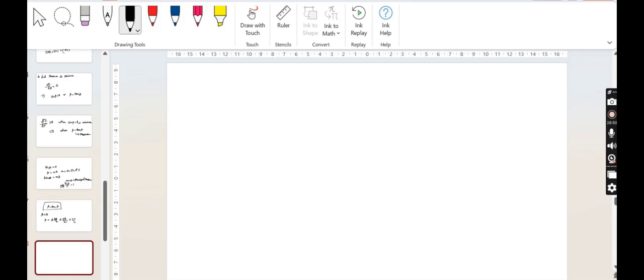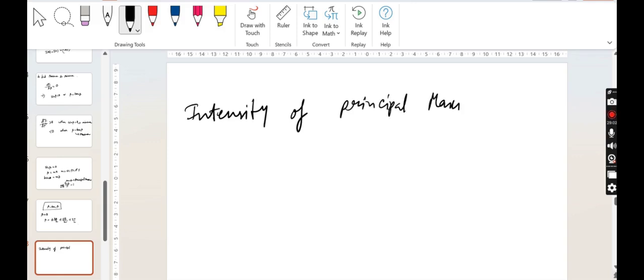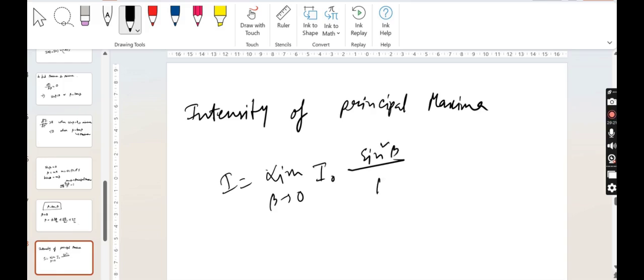So the intensity of the principal maximum would be I is equal to the limit as beta tends to 0 of I naught sine square beta by beta square, which is equal to I naught.